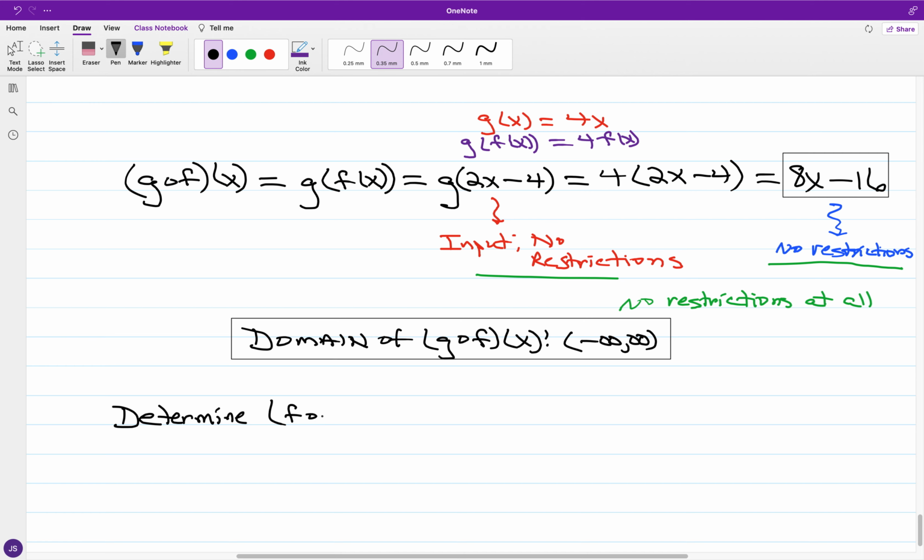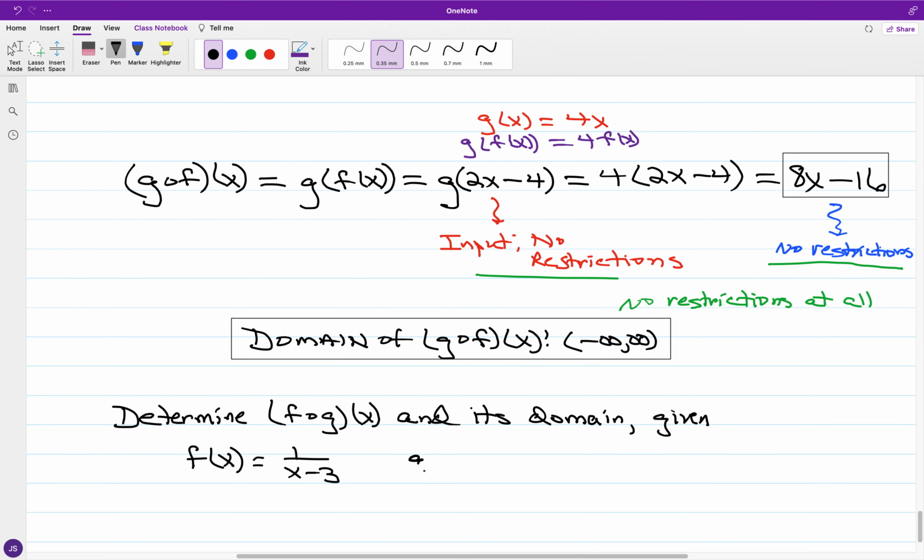So if I have determined f composed with g of x and its domain, we are given f of x is equal to 1 over x minus 3, and g of x is equal to x minus 5.